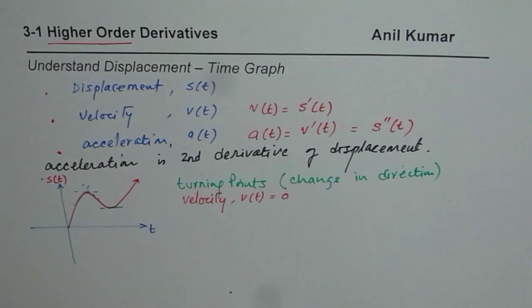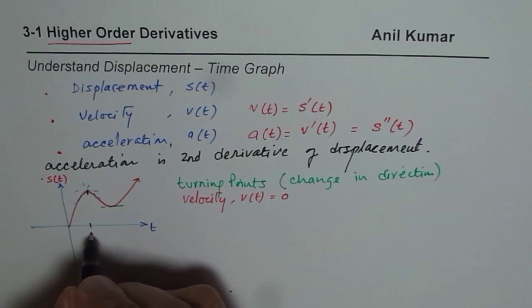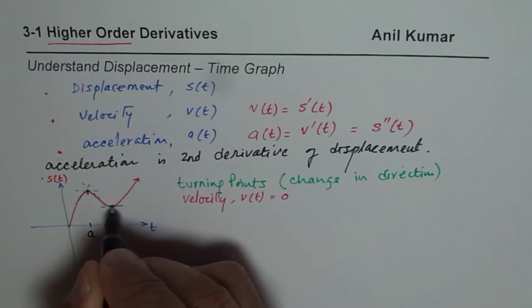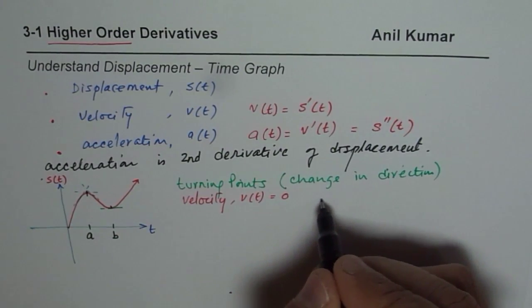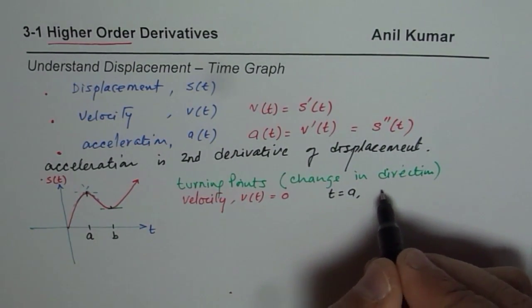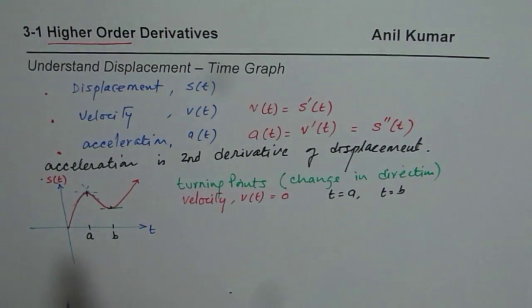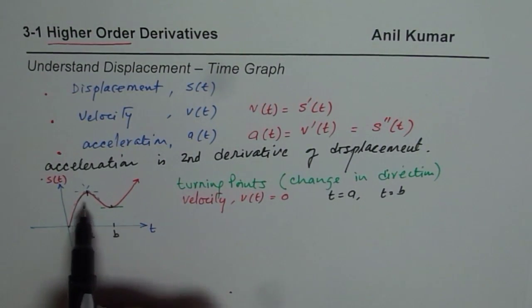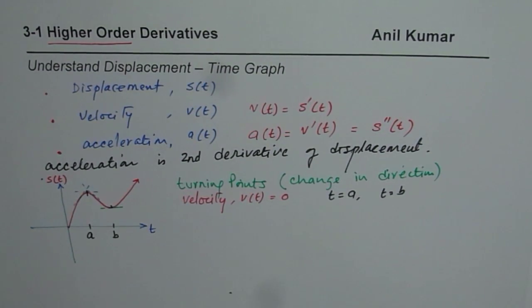So let me call these points as point A, t equals to, let us say, A, and this is at t equals to B. So we can say that at t equals A or at t equals B, the velocity is 0, since these are the turning points and the slope of the tangent is 0. I hope you get the point, right?